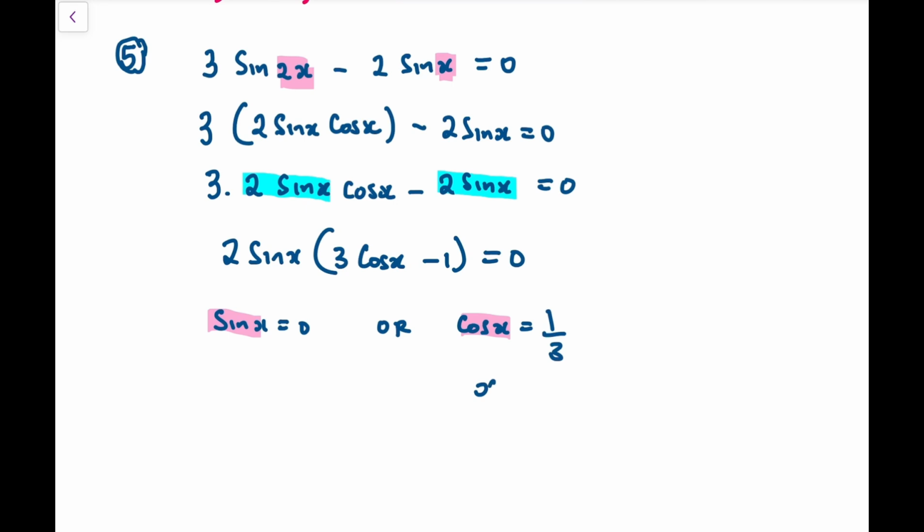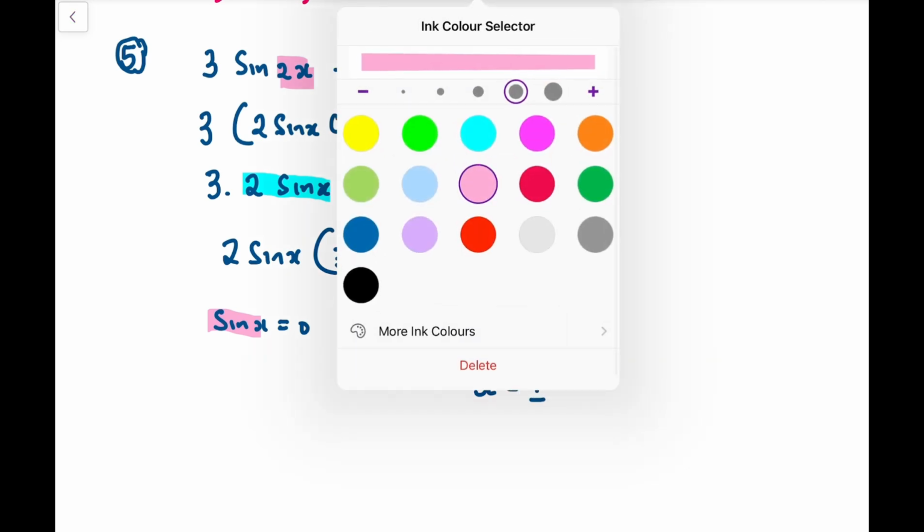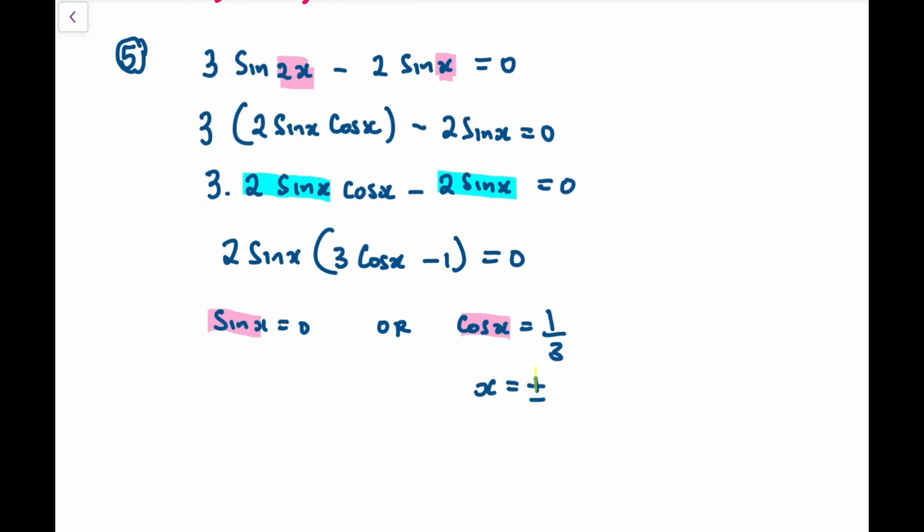Here you just say x is equal to plus or minus. Remember, when we are dealing with cosine, you always use plus or minus. Plus or minus arccos of 1 over 3, and then plus k multiplied by 360, where k is an element of integers.